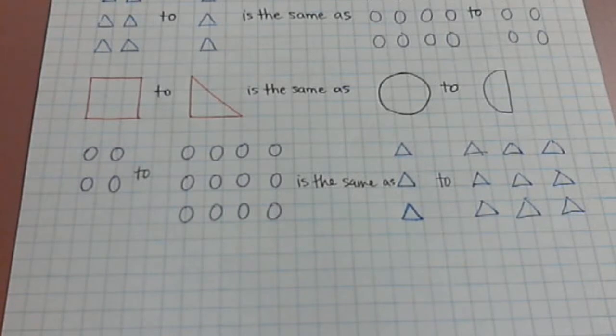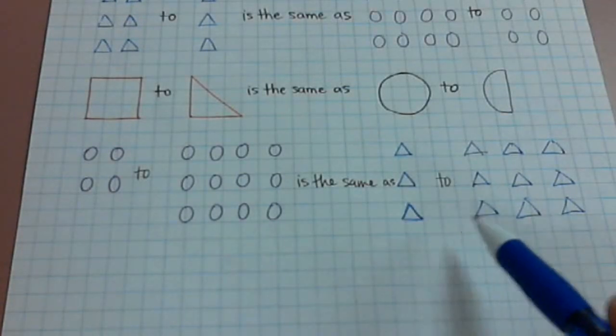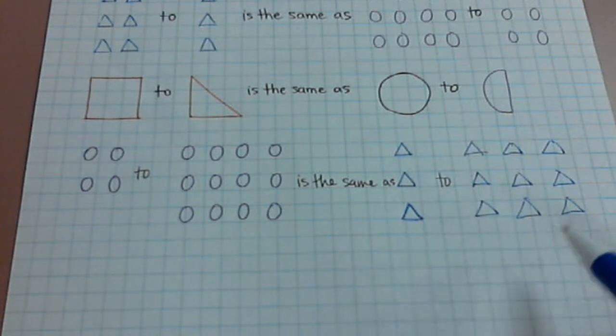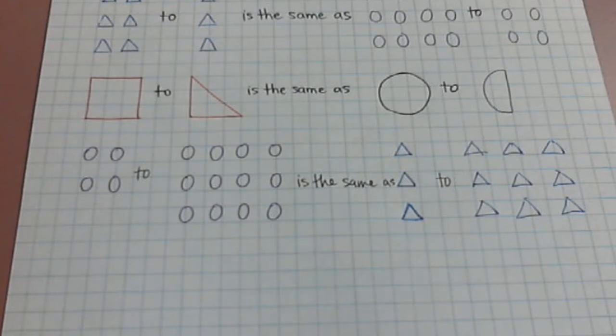So 4 circles to 12 circles is the same as 3 triangles to 9 triangles. That's a way to look at some pictures or diagrams and start thinking about ratios and how we compare things that are the same.